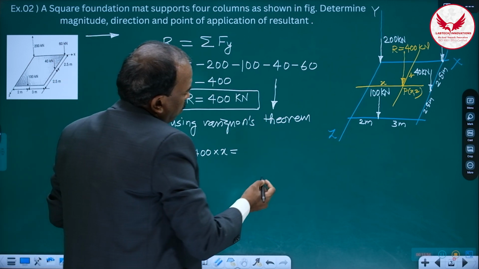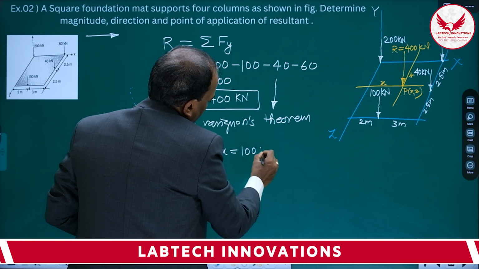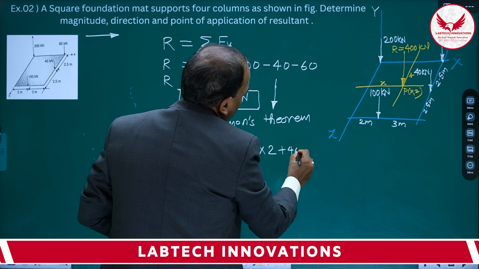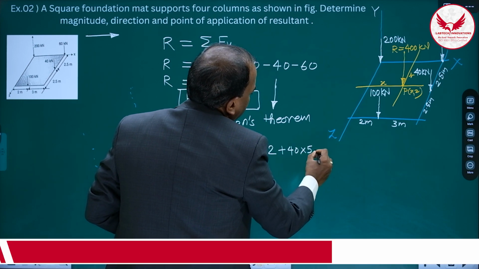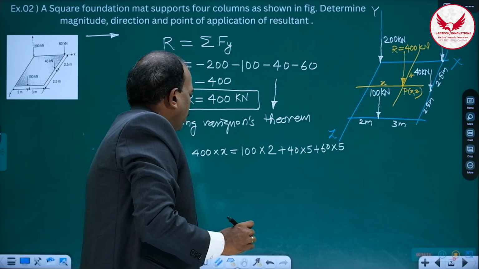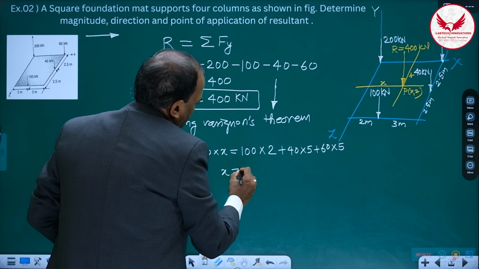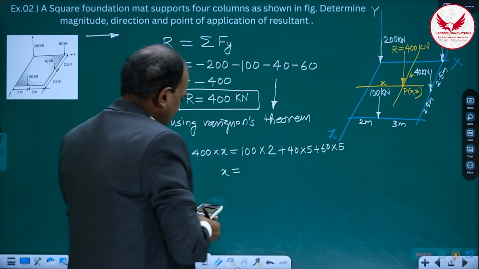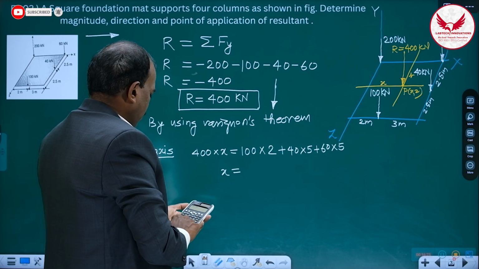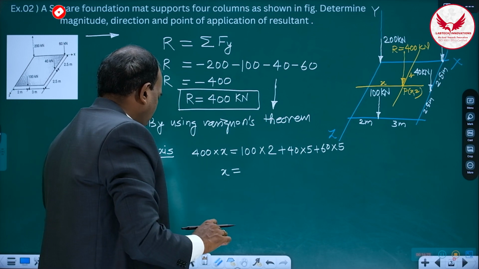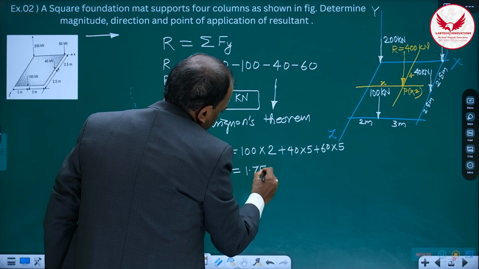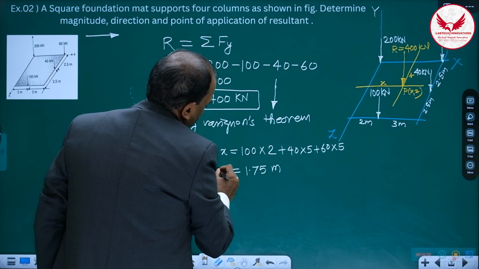So 200 into 0, 100 into 2 plus 40 into 5 plus 60 into 5, means x is going to be 100 into 5, 500 plus 200. It is 700 divided by 400. It is 1.75. X is going to be 1.75 meters. Finish.